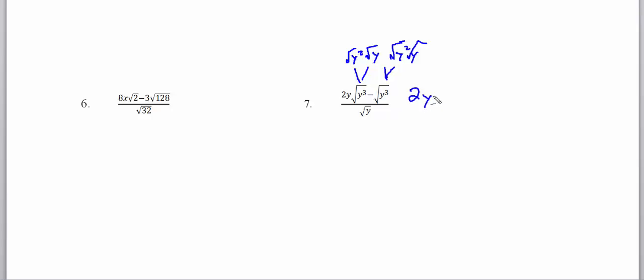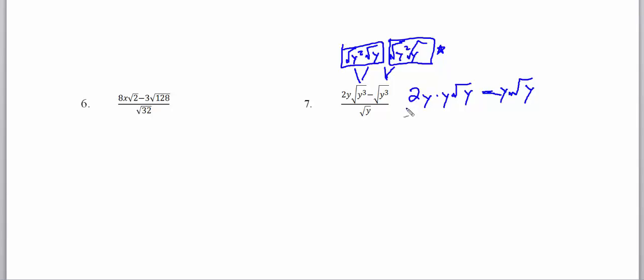So this is 2y times y times square root of y. Because this that I just put in the box is really y square roots of y, minus y square roots of y. Because this in the second box here, indicated with a star, gives you y and then square roots of y, because the square root of y squared is just y.